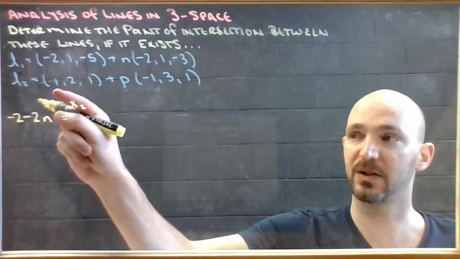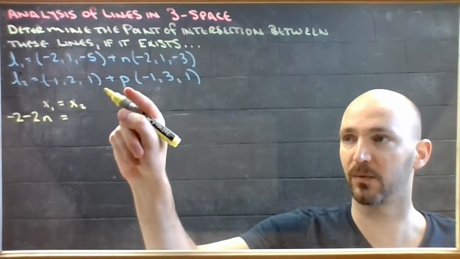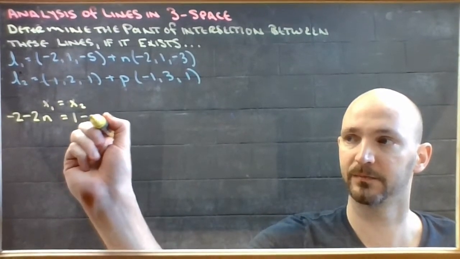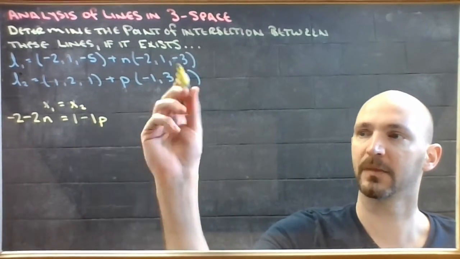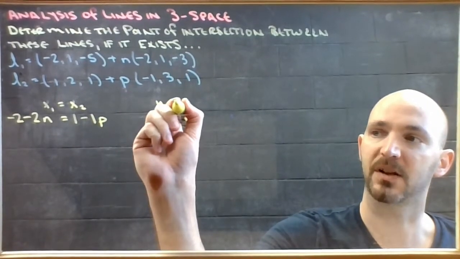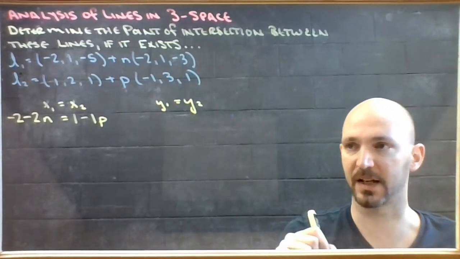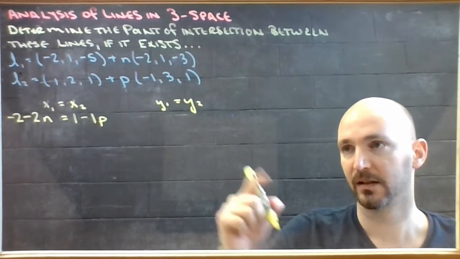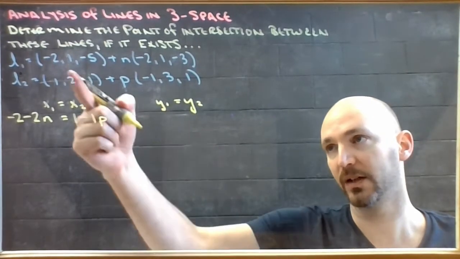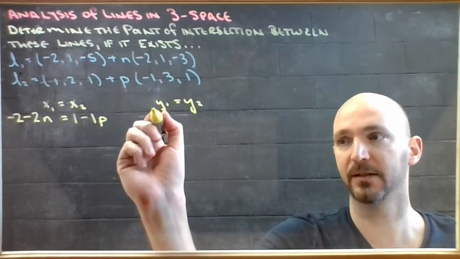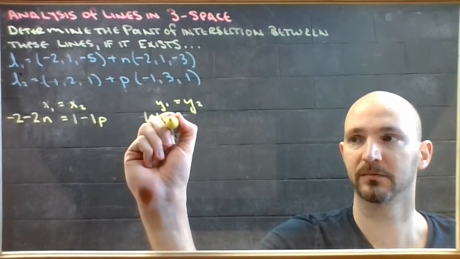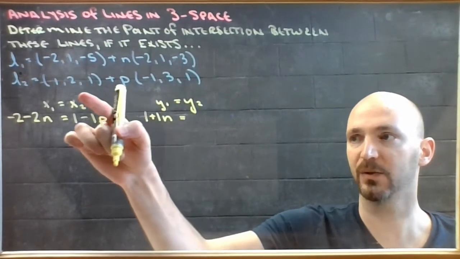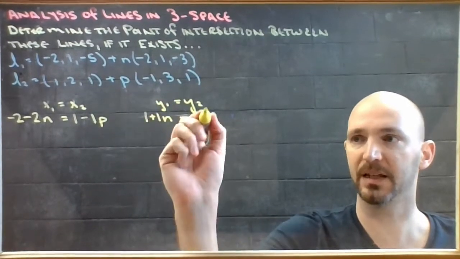And for x2, they're 1 minus 1p. My y-coordinates also have to match at a point of intersection if it exists. The y values for line 1 are 1 plus 1n. And for line 2, they're 2 plus 3p.